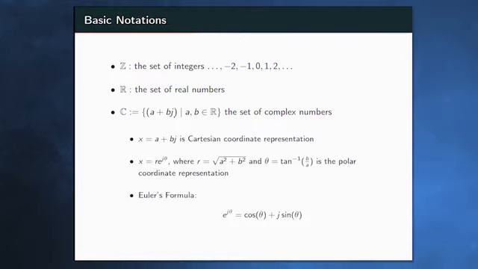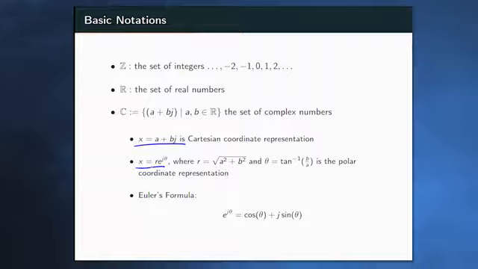So this representation, x equals a plus b times j, is the Cartesian coordinate representation. We can also show complex numbers in polar coordinate, for example, by writing it in this format. And the representations in these coordinates are related.